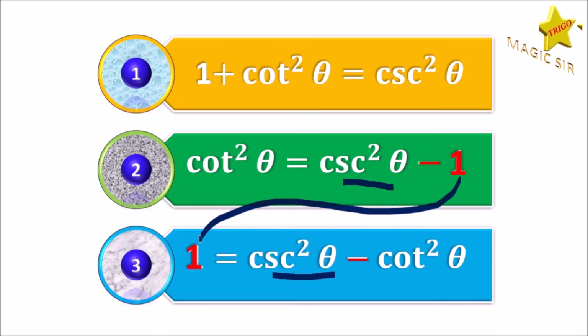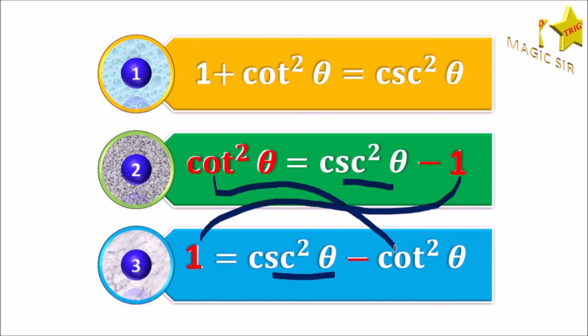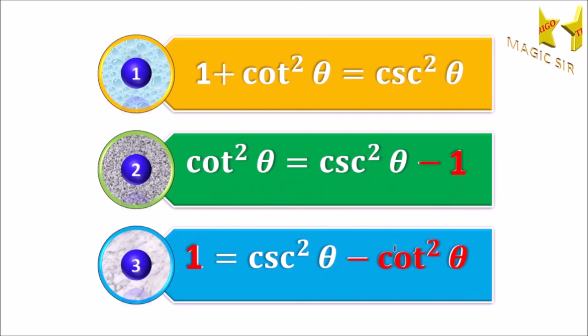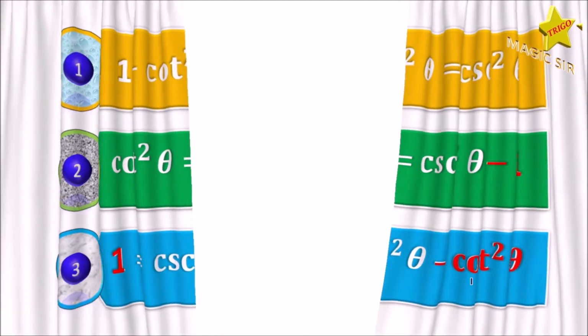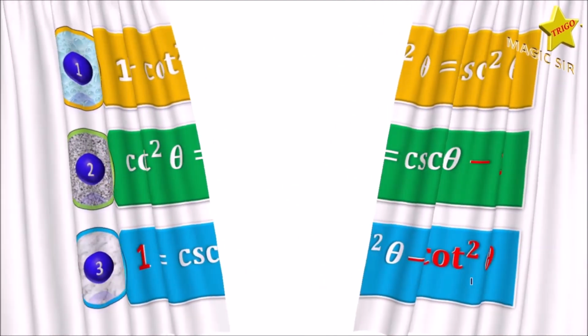Again, let us change the side of cot square theta from left to right. So plus cot square theta changes to negative cot square theta. Hence we have 1 is equal to cosec square theta minus cot square theta. These are three different forms of 1 plus cot square theta equal to cosec square theta.